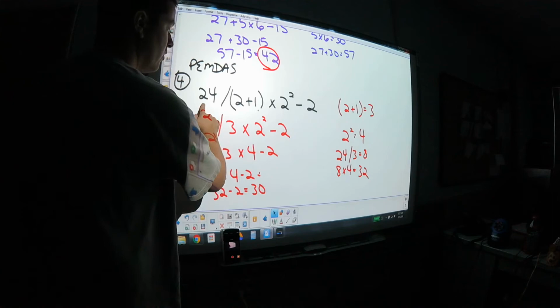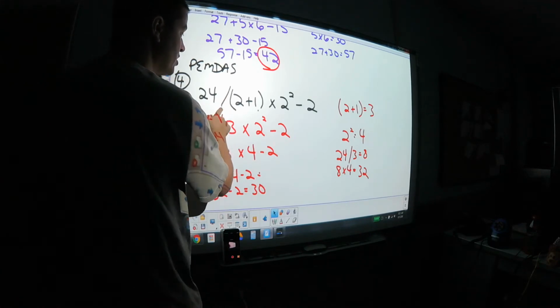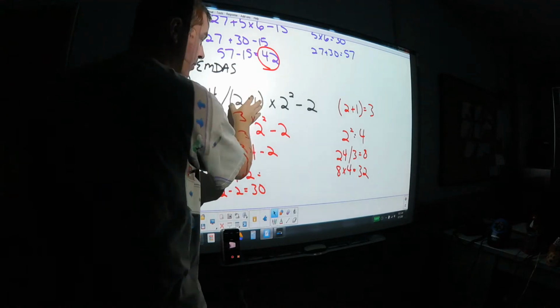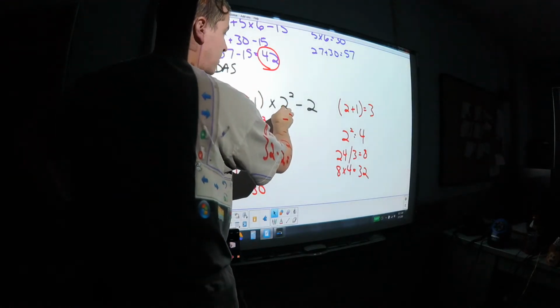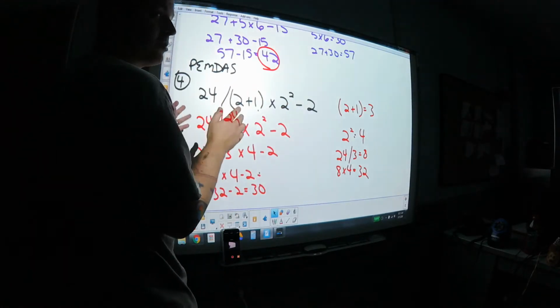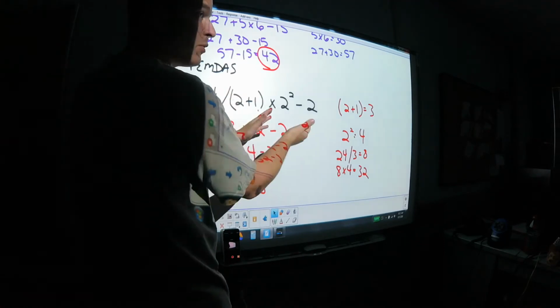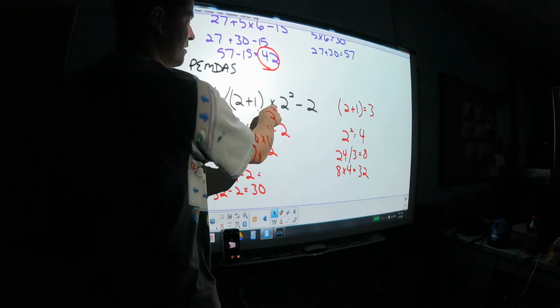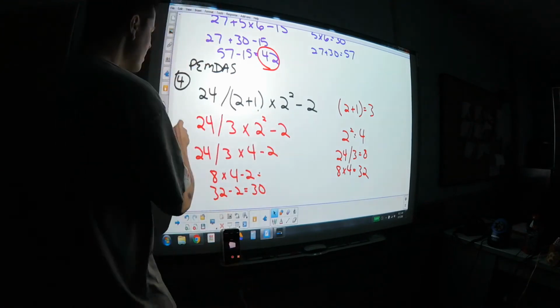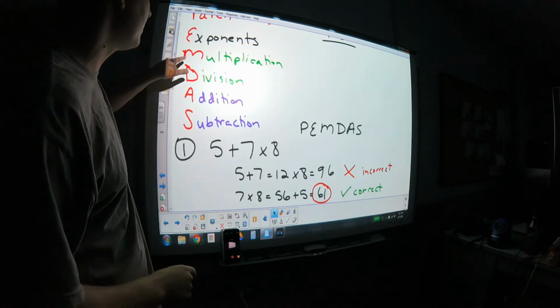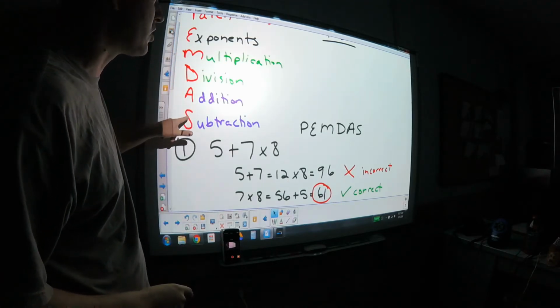So you start here on the left, just like you're reading, you would do division first. Yes, you do parentheses first. Yes, you do exponents second. But then when it gets to multiplication and division, since division comes first when reading left to right, you do division first, then multiplication.